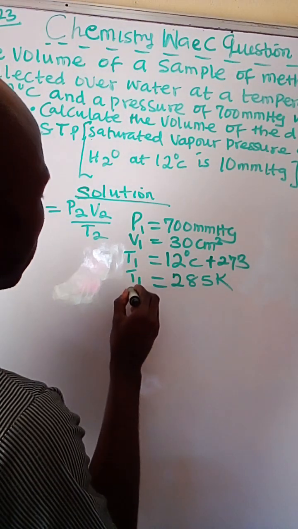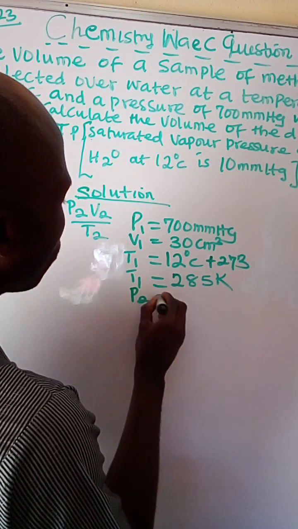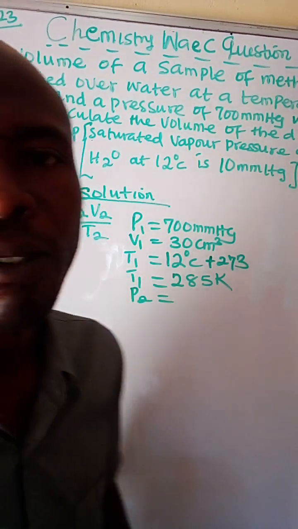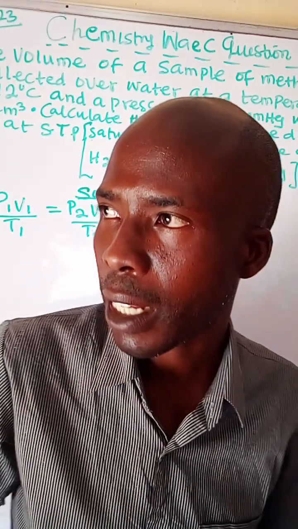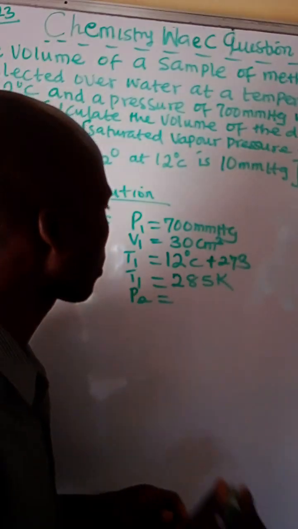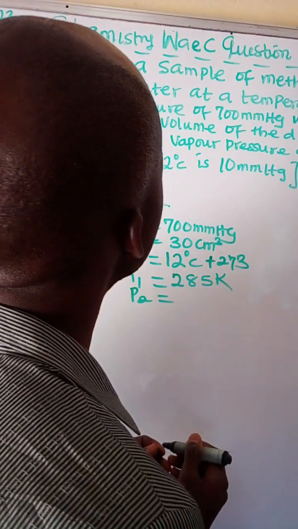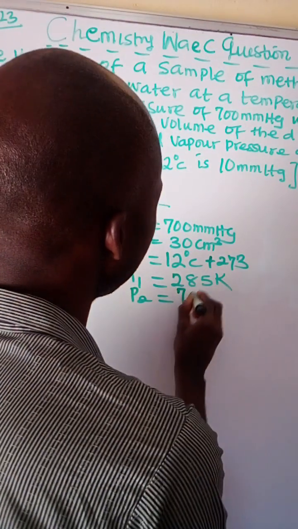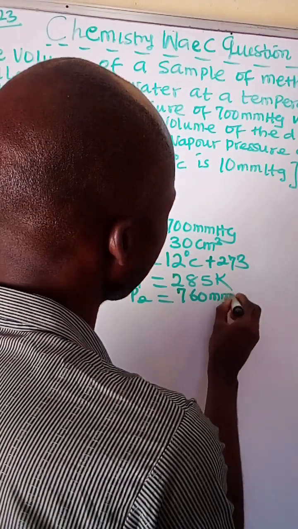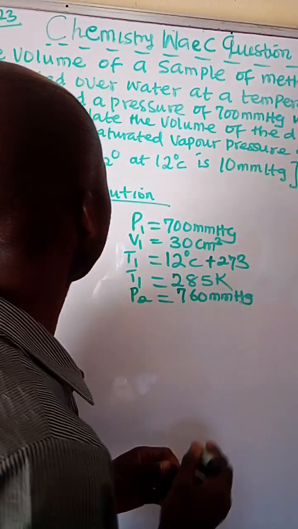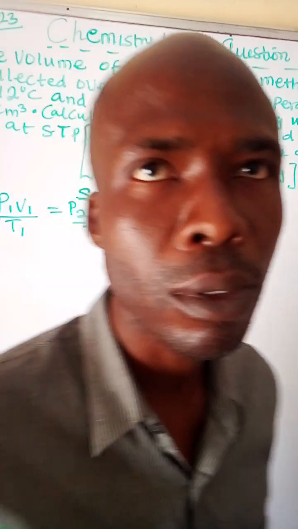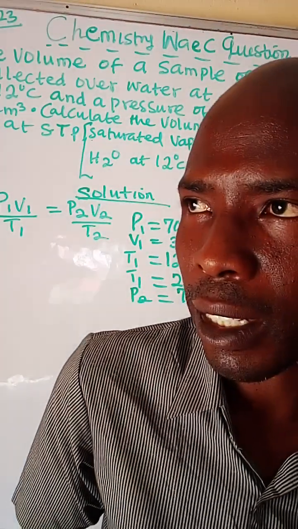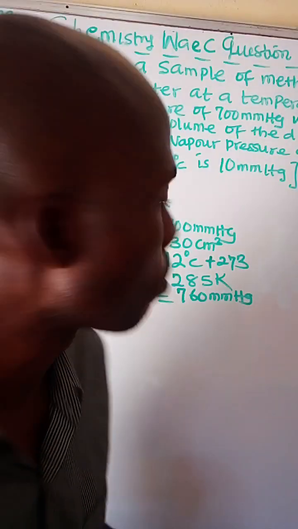Now, P2 is a standard pressure. It's always given. So the value of P2 is constant, and that is 760 millimeter mercury. The volume 2 is not given. That is what we are asked to find. That is the final volume.